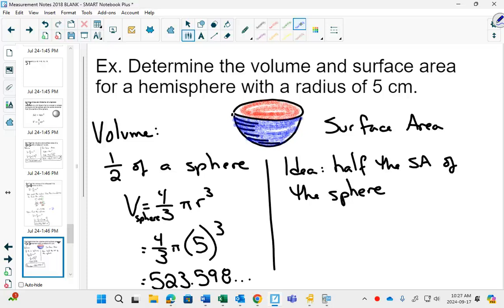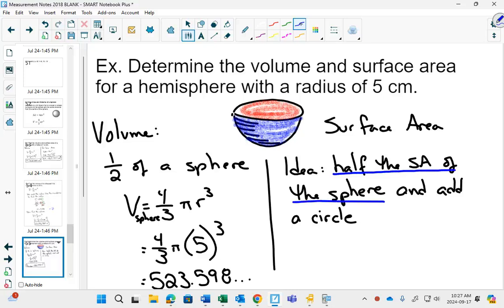So we have to take half the surface area of the sphere, that's the blue part, and add a circle. If I underline this part in blue, and this part in red, then the picture kind of tells us why that happens.